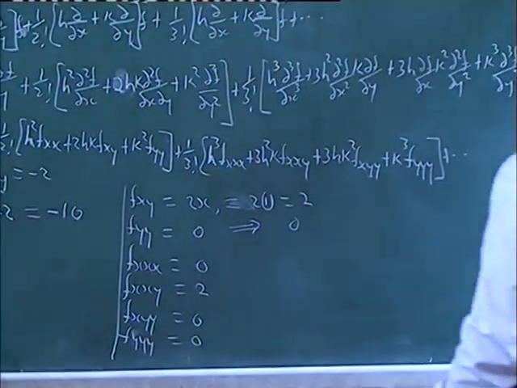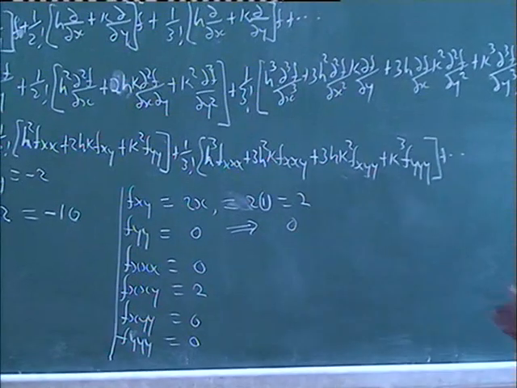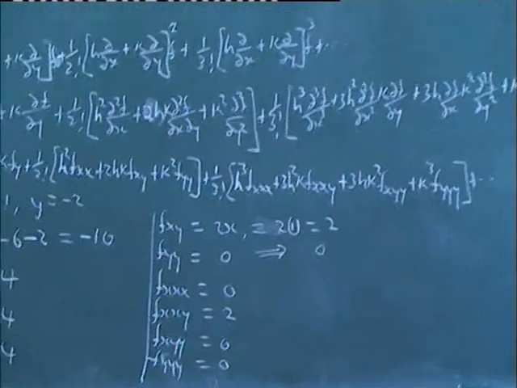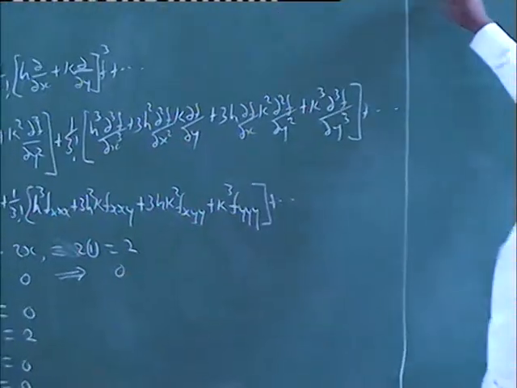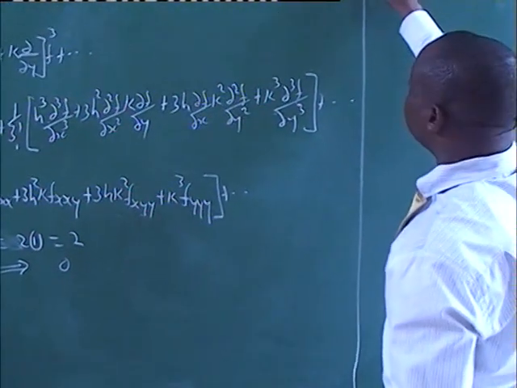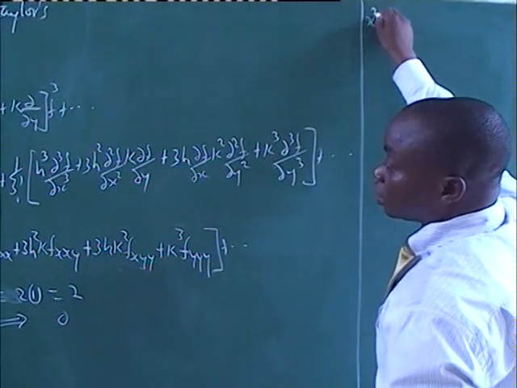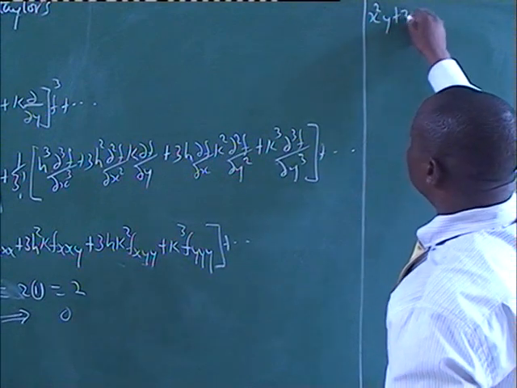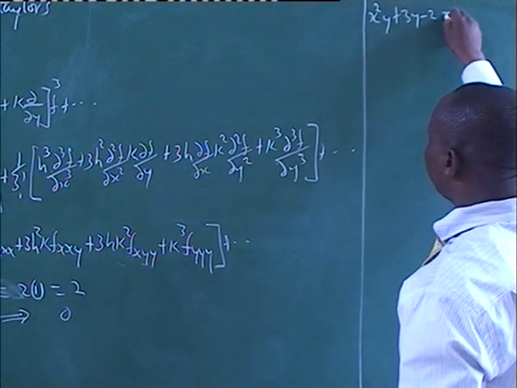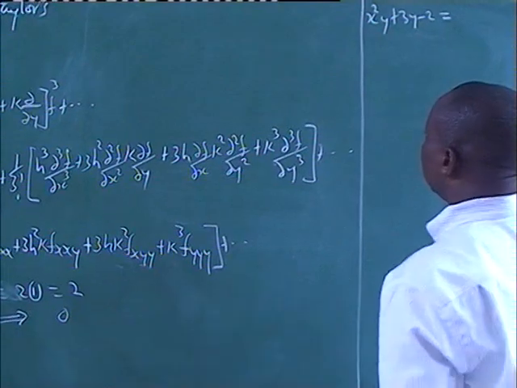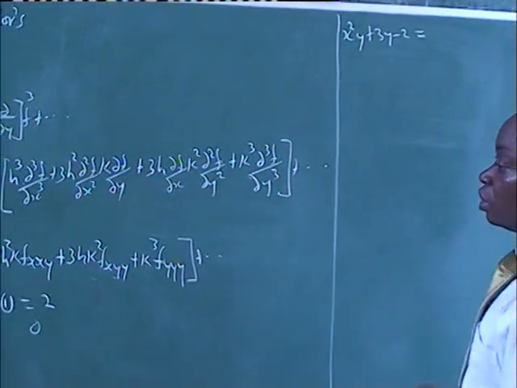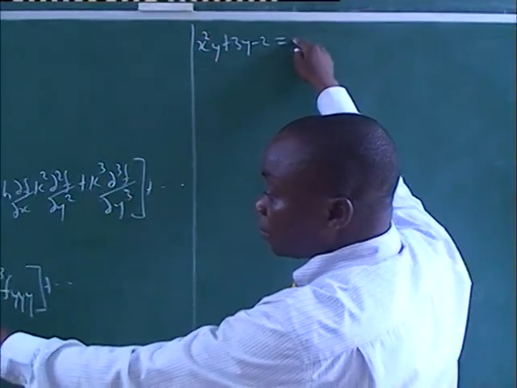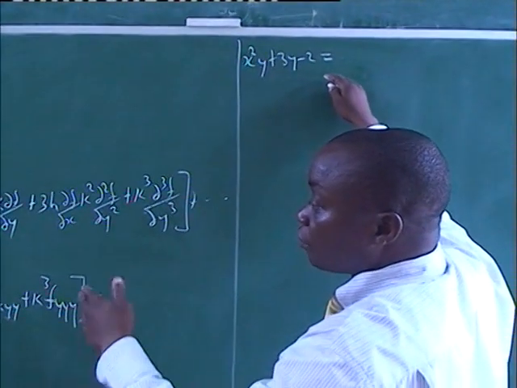Now it becomes very simple as ABC to fix these values in this series. It becomes very simple. So what it means is that x squared y plus 3y minus 2, which is the function, is equal to f of xy.